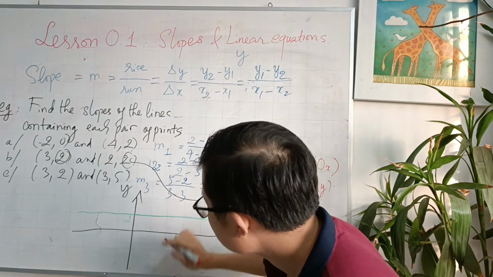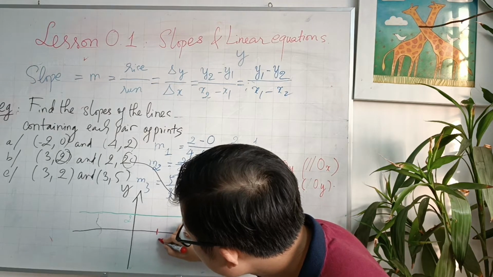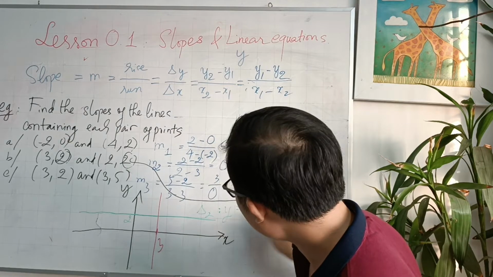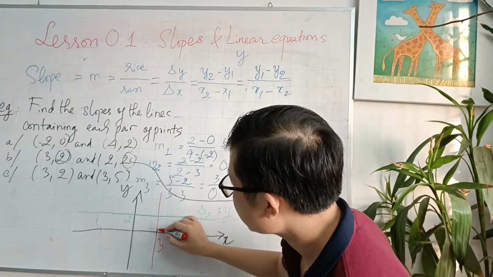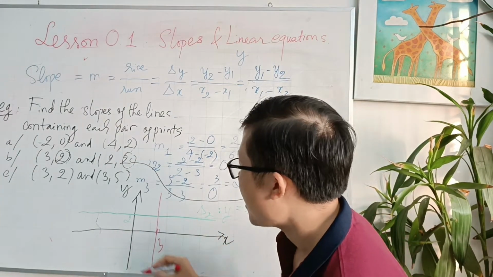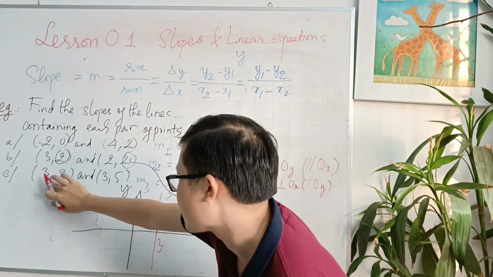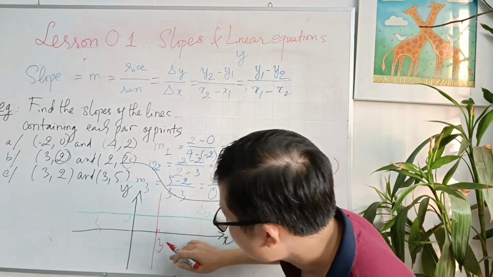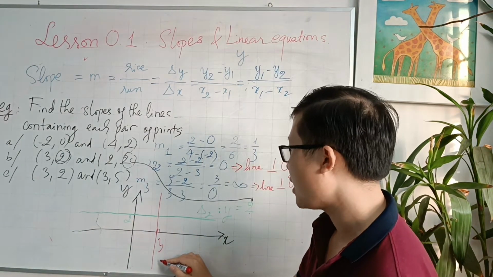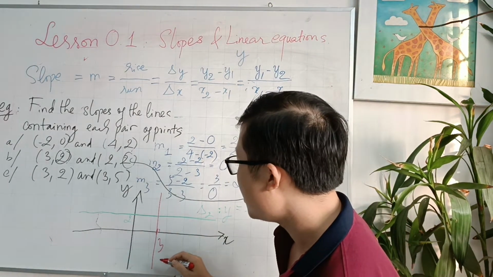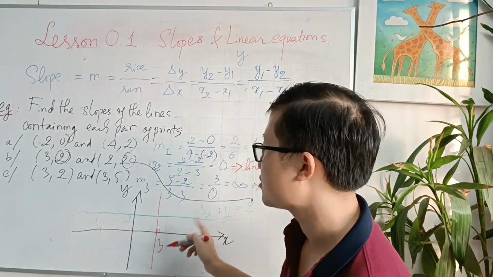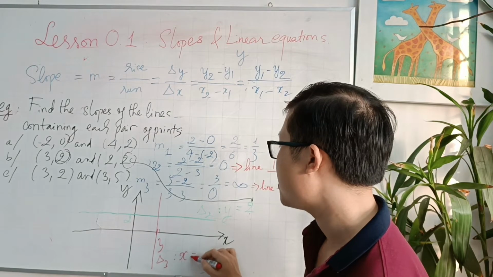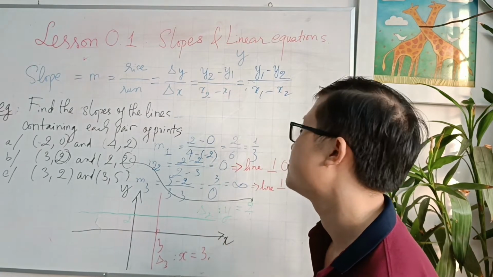So it's 3 here, and we sketch the line perpendicular to the x-axis. Because all points have x coordinate 3, we can write the linear equation of delta 3: x equals 3.